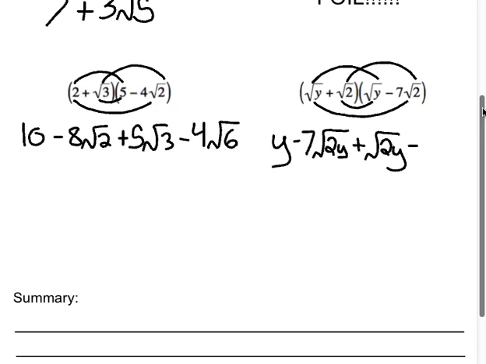And here, the 7 can't combine, but the 2 and the 2 give me the square root of 4. Of course, we know the square root of 4 is just 2, and 7 times 2 is going to give us 14.